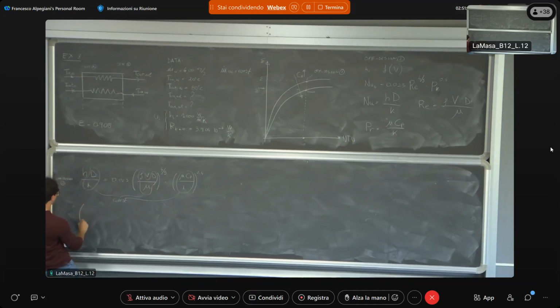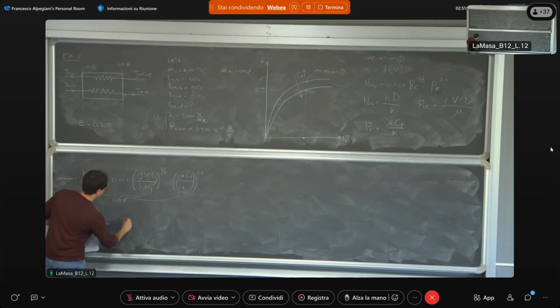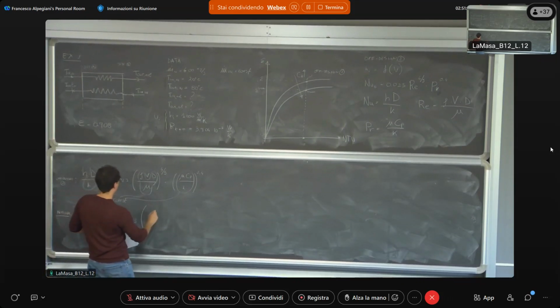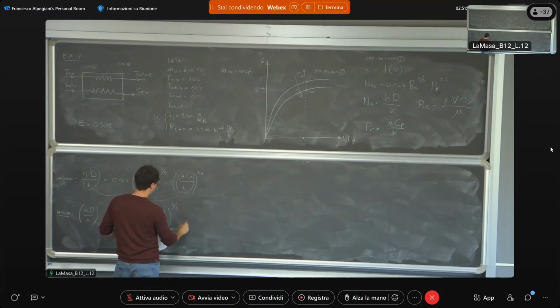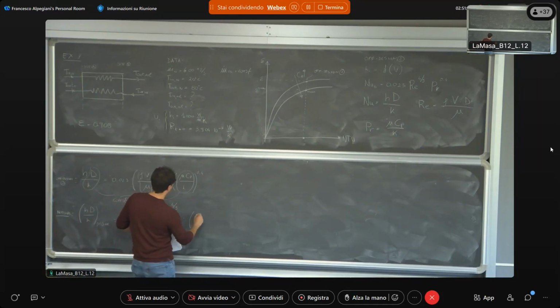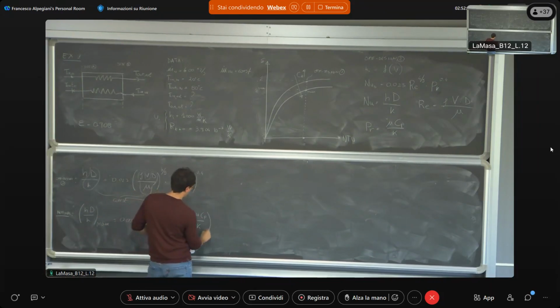So we have h D divided by k. This is nominal condition. At nominal condition it is equal to 0.023 times rho V divided by mu at nominal condition at the power of 4 divided by 5 times mu times Cp divided by k at the power of 0.4 at nominal condition.